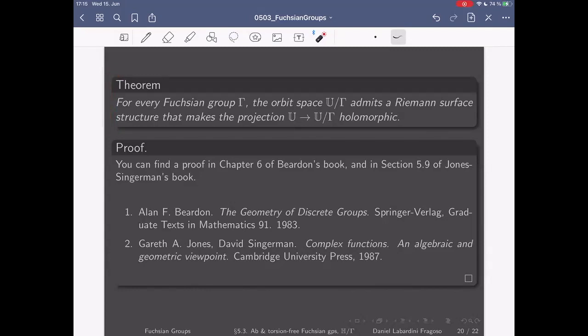The theorem says that given any Fuchsian group, the orbit space admits a Riemann surface structure, which makes that projection from U to U modulo gamma a holomorphic map. So that's what we saw for the torus.